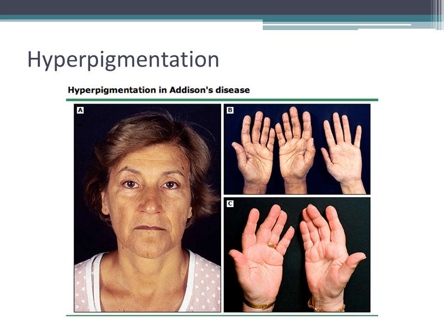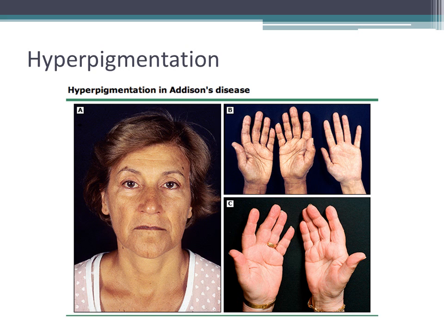So the presentation with hyperpigmentation in primary adrenal insufficiency is typically in younger patients. The example that we're seeing here is of an older person, which is a bit uncommon but still happens.